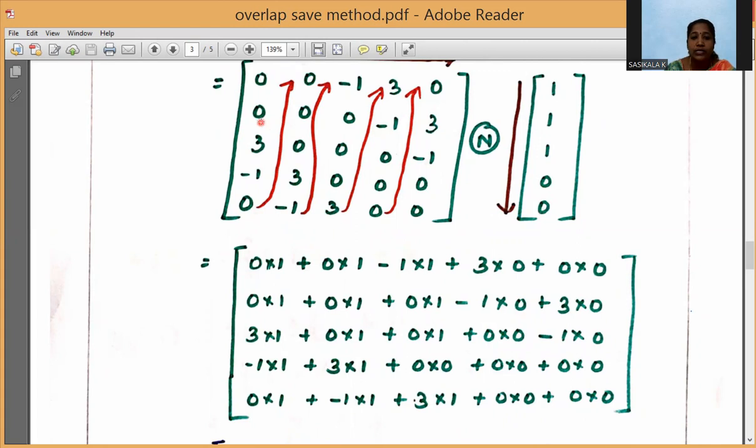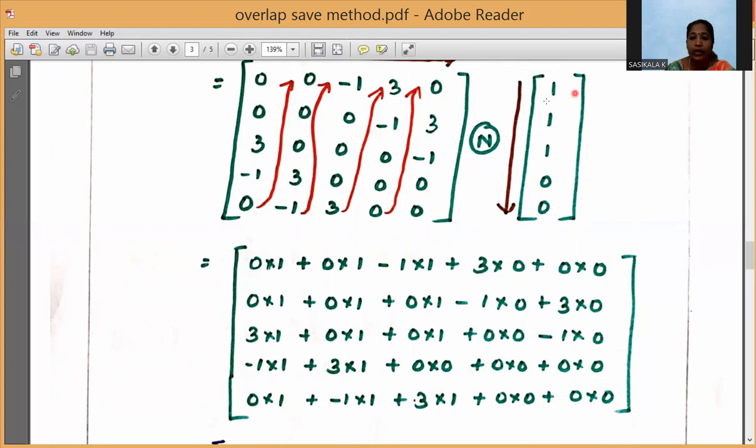And for the second row, it is 0 into 1 plus 0 into 1 plus 0 into 1 minus 1 into 0 plus 3 into 0. Now, for the third row, 3 into 1 plus 0 into 1 plus 1 into 0 plus 0 into 0 minus 1 into 0.